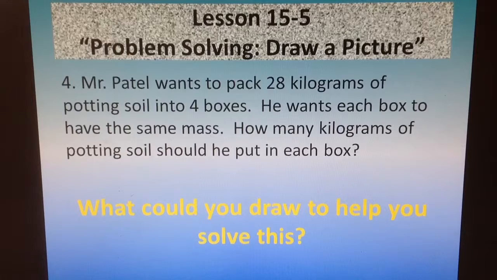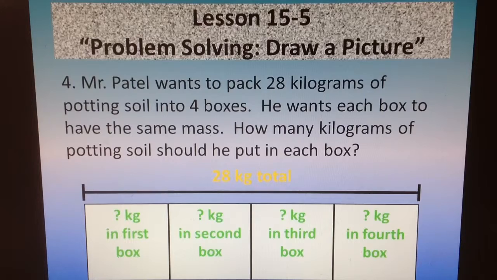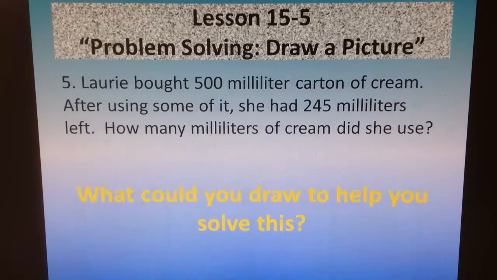Okay, read this to yourself. Pause the video to figure it out. $28 divided by 4 is 7. Read this to yourself. Pause the video to figure it out. Draw a picture.